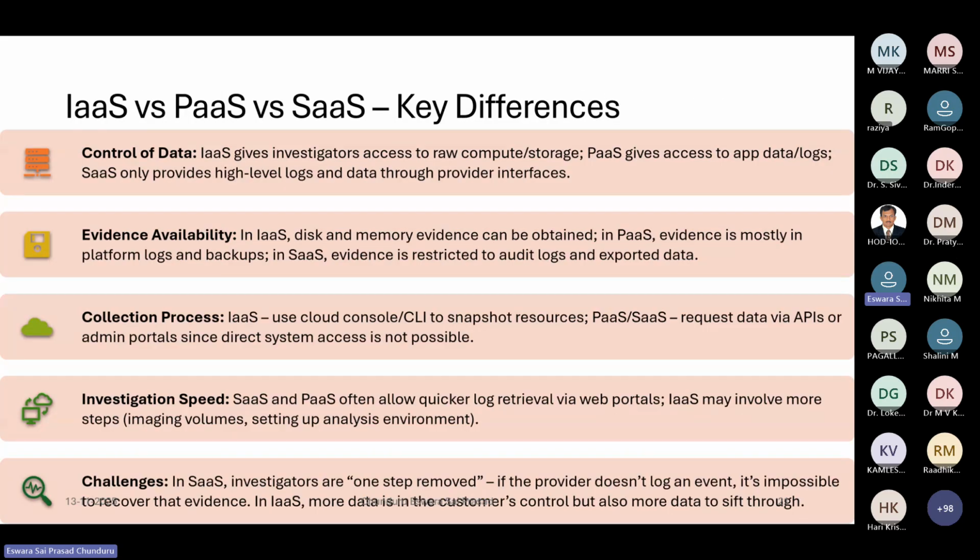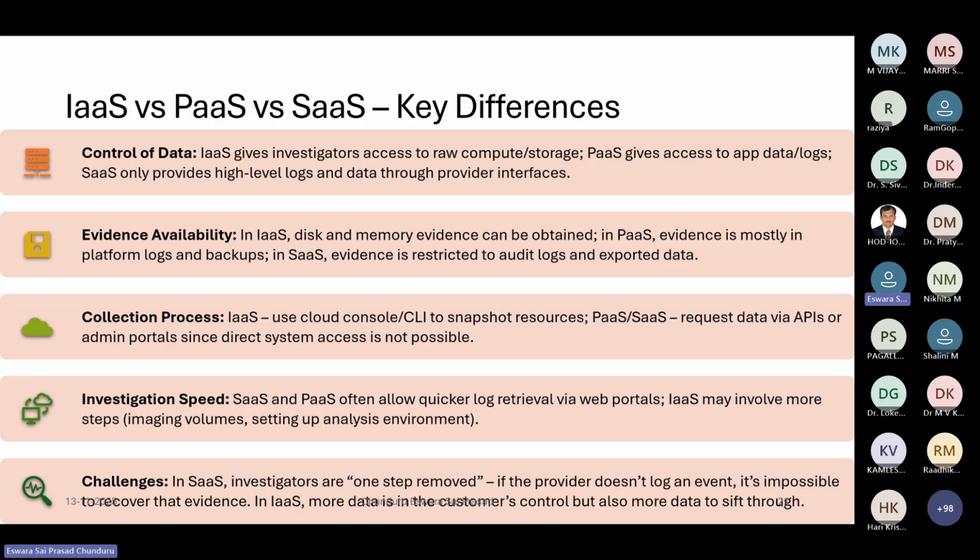And coming to the key differences between all these platforms, I think a lot of things were already discussed with respect to control of data, evidence availability, collection process, and investigation speed and challenges. So the main thing here is the speed of investigation.